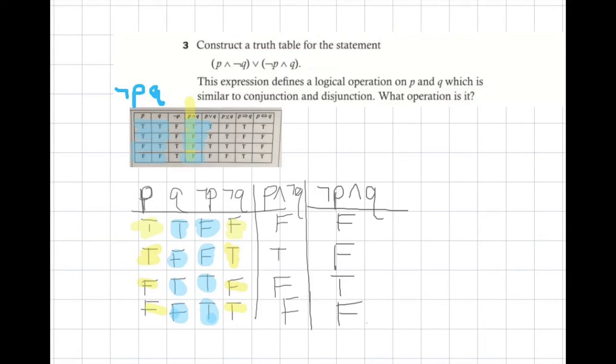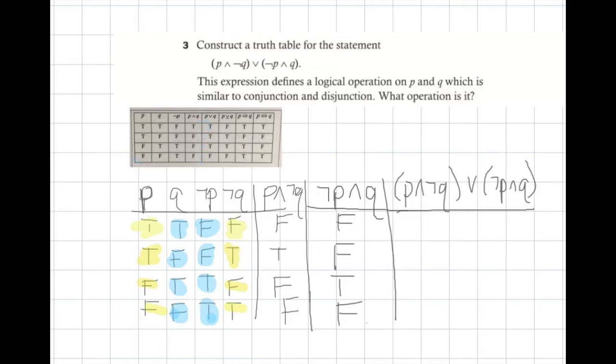Okay, so now we have these two columns for the truth table. So now we can combine them together. P and not Q, or not P and Q. In this argument, we are looking at or, right?